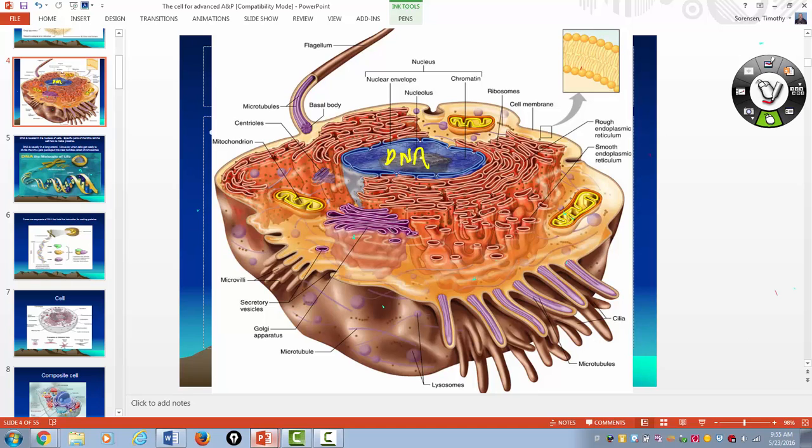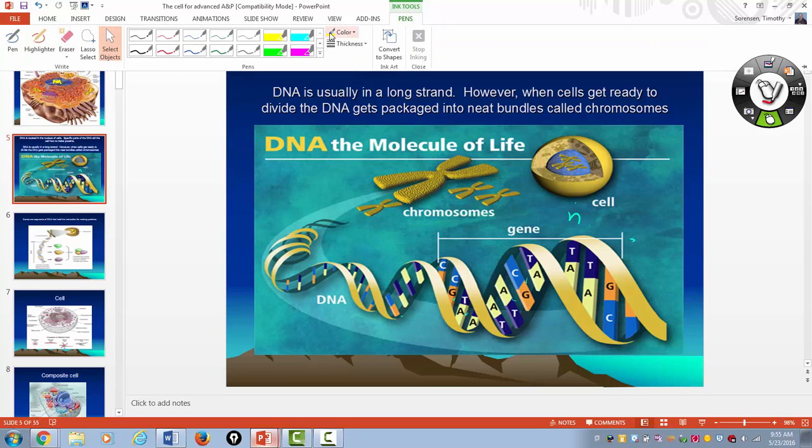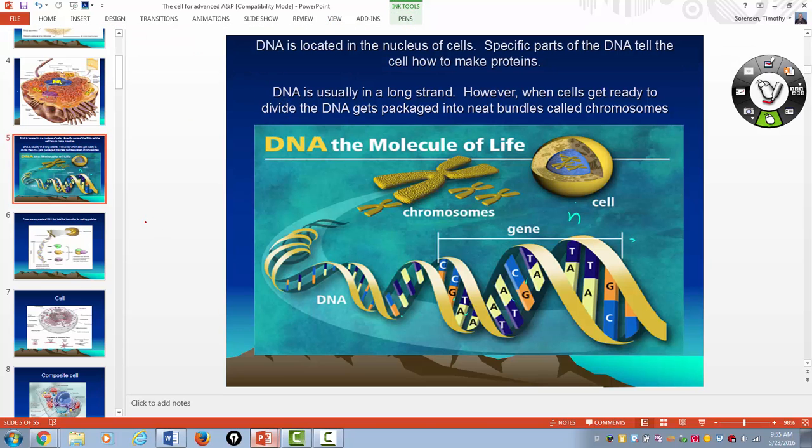Now, every cell of your body that contains a nucleus and contains DNA has all the DNA necessary to make every single protein in your body. So, if you look here, the structure of DNA involves these things called nucleic acids.